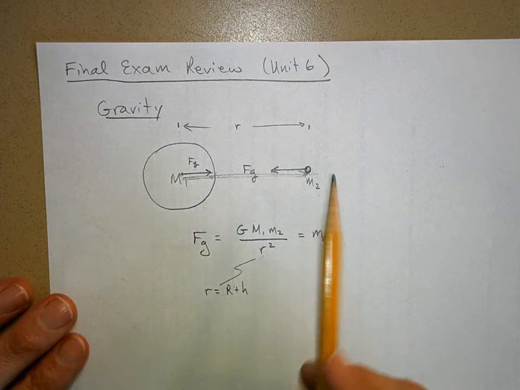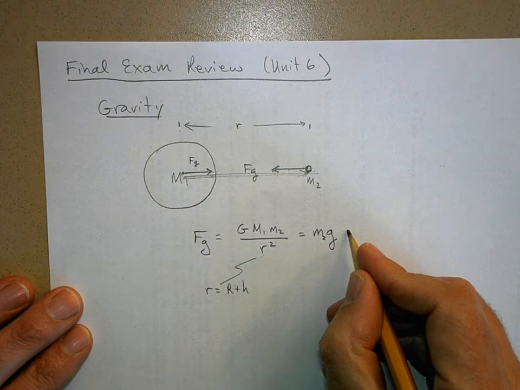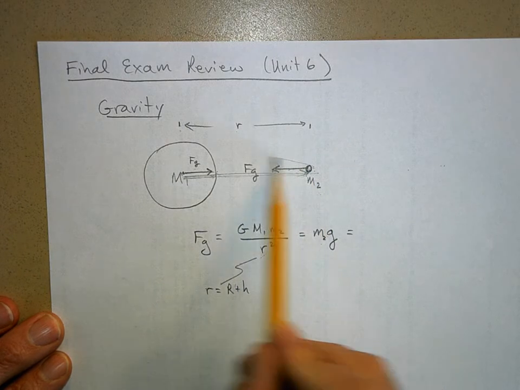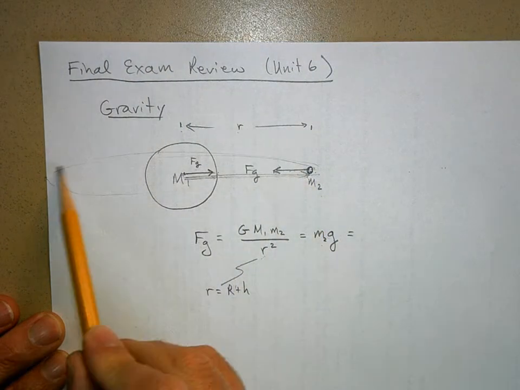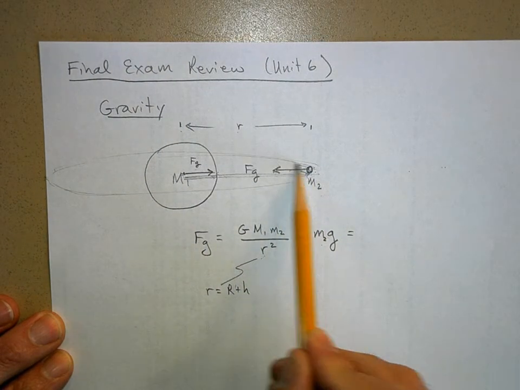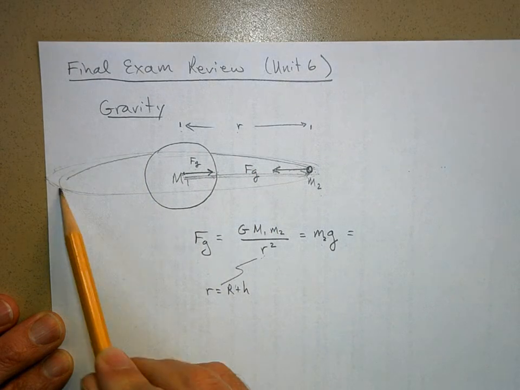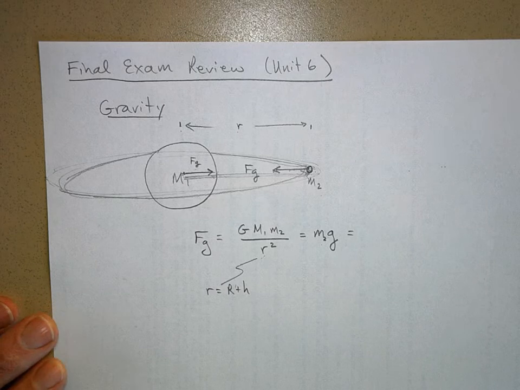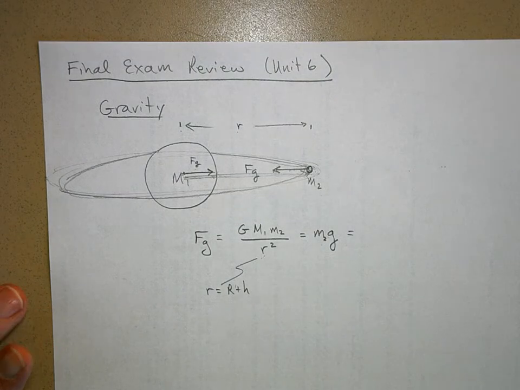Now, what if this guy is in orbit, and we're just going to deal with circular orbits? It's moving in a circle around this big planet, like the moon around the Earth, or a spacecraft in orbit around the Earth. Well, if it's moving in a circle, what kind of force must be exerted on it?